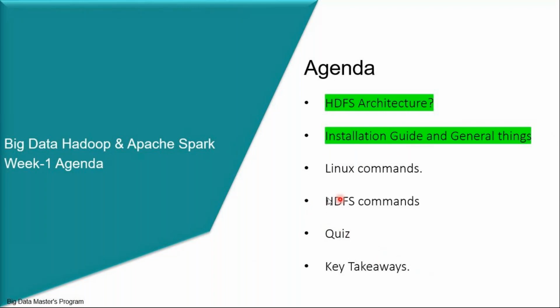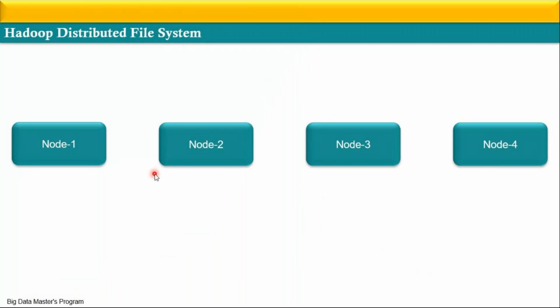Okay, so Hadoop, over here we have more than one node. Node means machines. We have multiple machines, and we are taking the benefit of multiple machines. Say I have a four node cluster: node 1, node 2, node 3, and node 4.